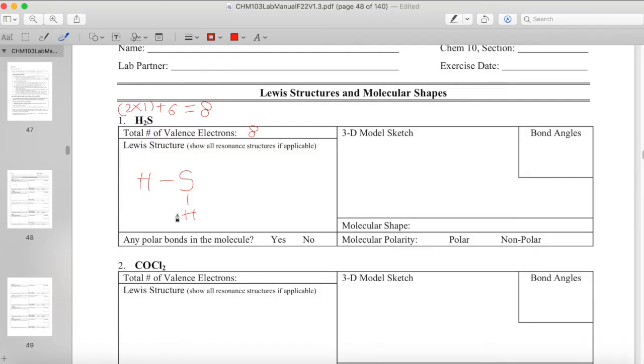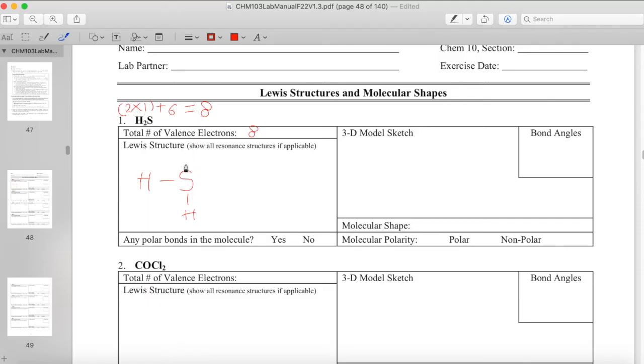With the hydrogens, of course, they don't need to meet the octet rule. They're fine with the 2 electrons they have, that they're sharing with the sulfur in that bond. But let's look at the sulfur. If I count the number of electrons around my sulfur, I've got 2 electrons in this bond and 2 electrons in this bond. Well, that's 4 electrons. And remember, if sulfur is part of a molecule here, it should have 8 electrons around it.